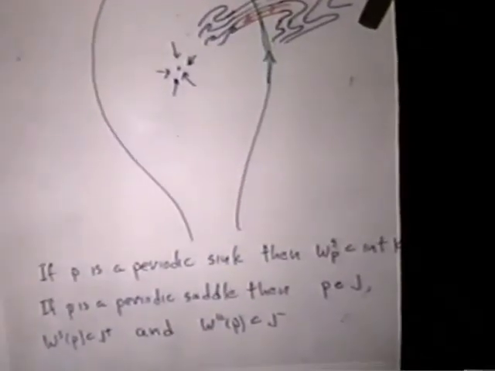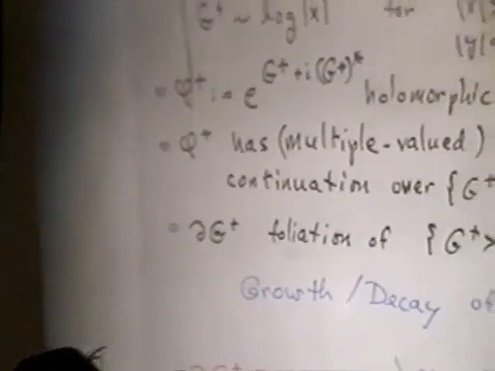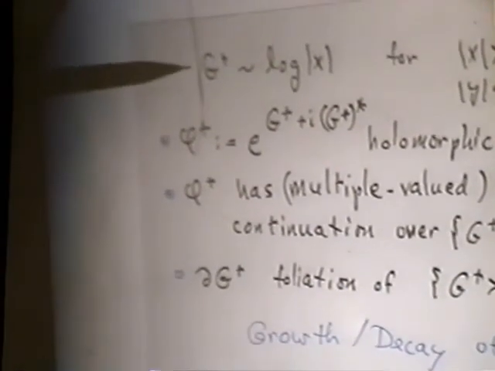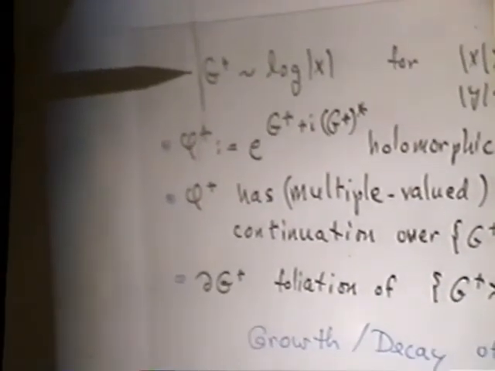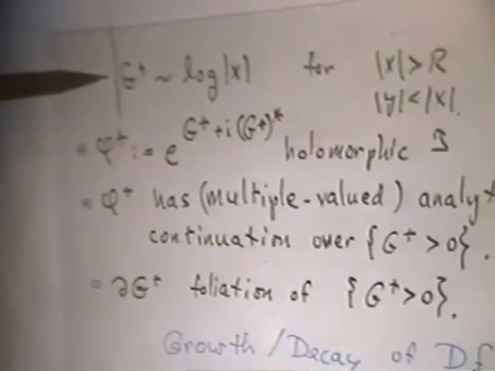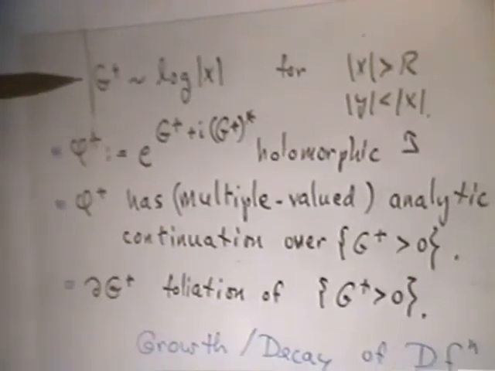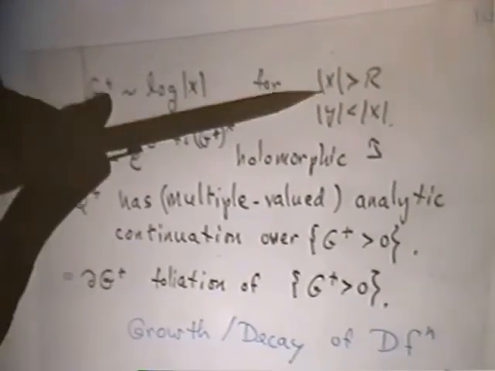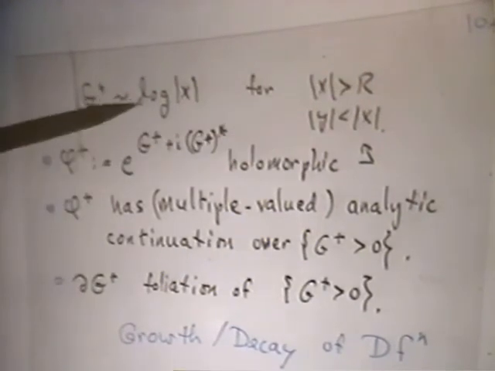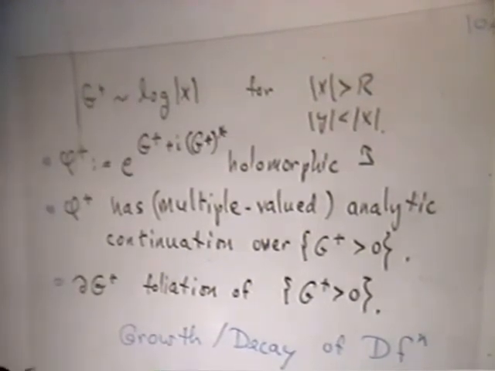Now when we saw Hubbard's talk, he spent some time discussing the foliation that's generated by G plus. The function G plus is a pluriharmonic function where it's positive, and when x is large and y is not large, it looks like log mod x.